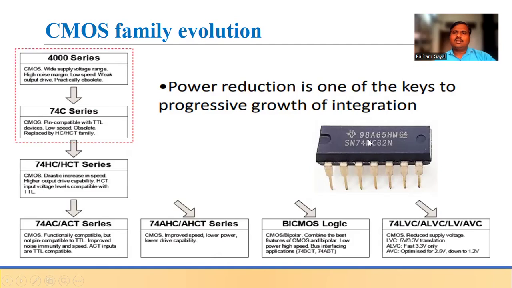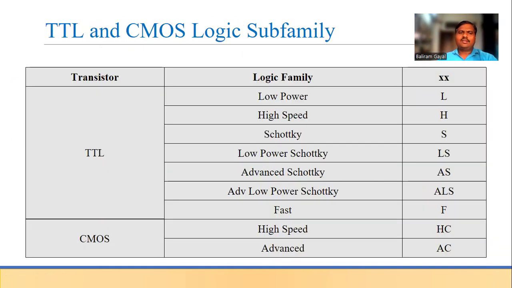The physical appearance of the IC is shown here. Now, power reduction is one of the keys to progressive growth of integration for these CMOS logic families. Here, the TTL and CMOS subfamilies we already discussed, and we summarize.